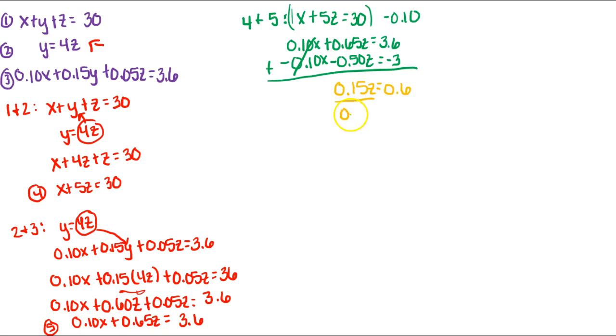If we want to solve this for z, we're going to divide by 0.15. And we are going to find out z is equal to 4. So we need 4 liters of the 5% solution.